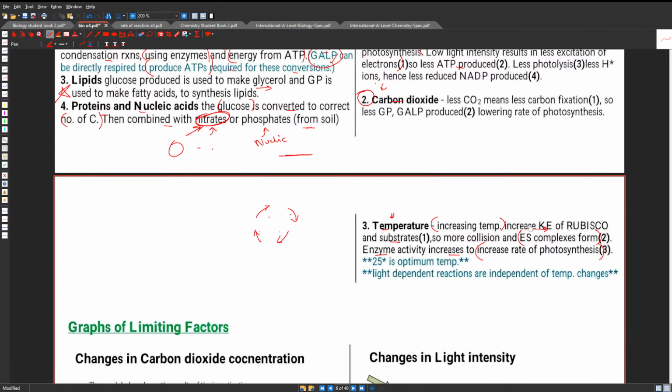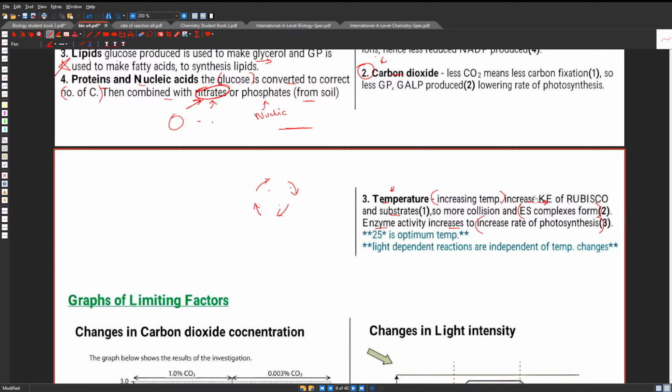So remember, you learn this in IGCSE, always keep this in memory. When you're talking about rate of reaction, talk about more collisions, which increases the rate of successful collisions. When you're talking about enzyme activity, talk about how increasing your temperature results in more enzyme substrate complexes being formed quicker.